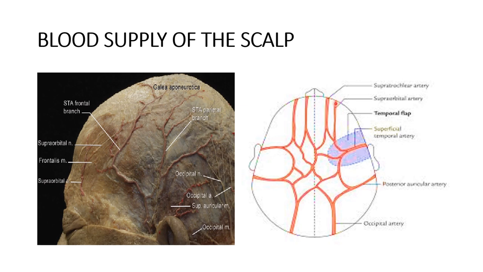We have the supraorbital artery, which is also a branch of ophthalmic artery from the internal carotid artery. It enters the scalp through the supraorbital notch about 2 to 3 centimeters lateral to the supratrochlear artery.